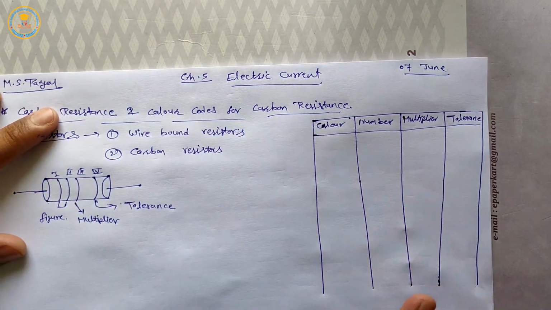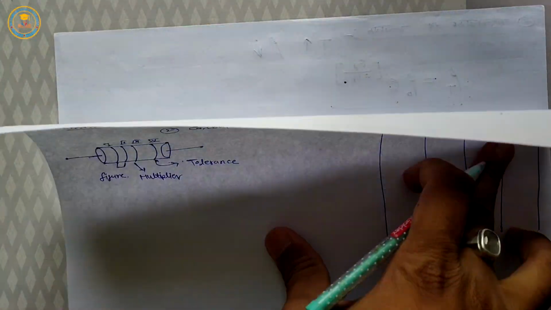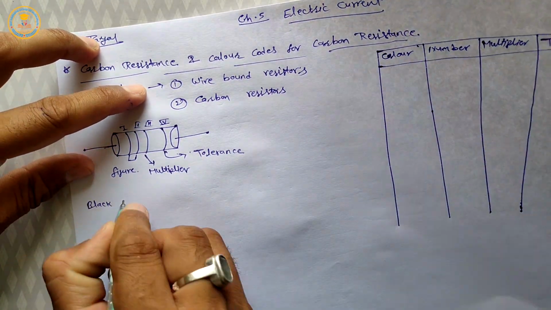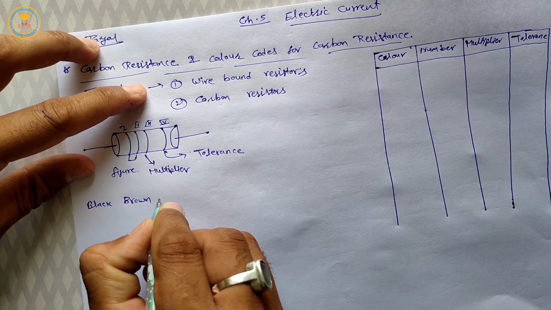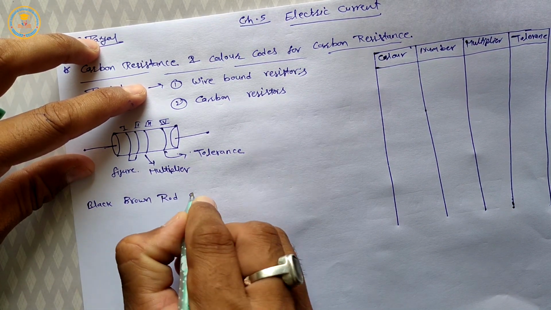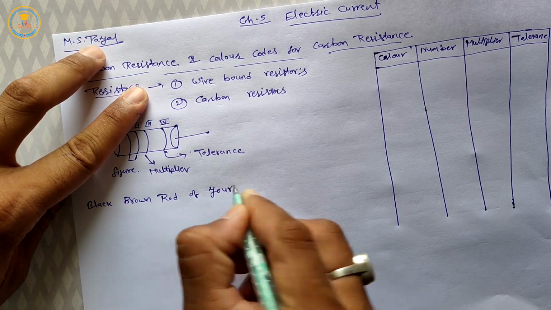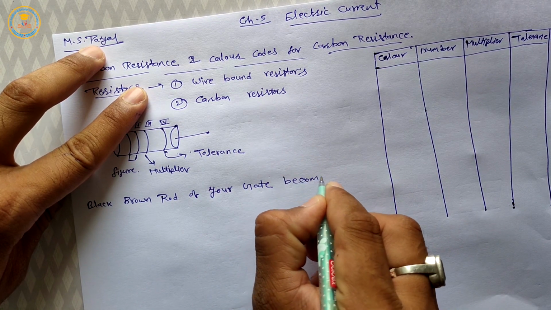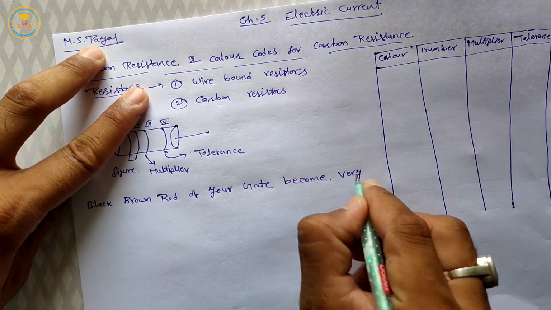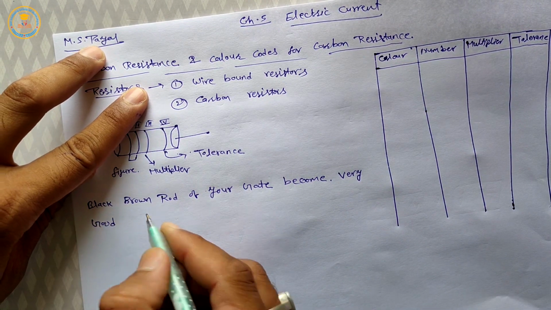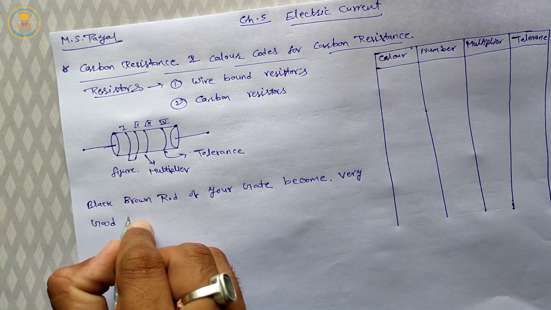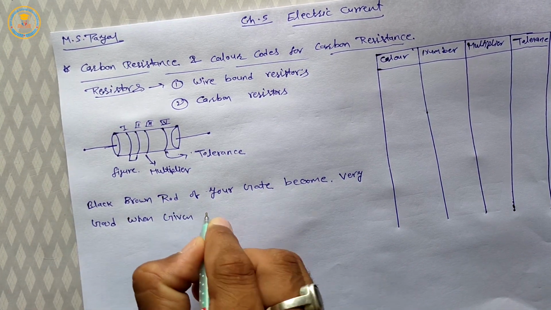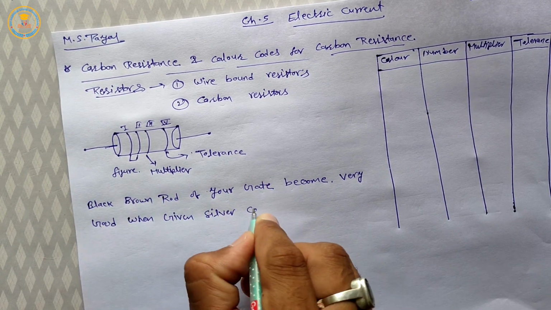Okay, a simple trick for this table, which is: Black, Brown, Road of Your Gate Become Very Good When Given Silver color.